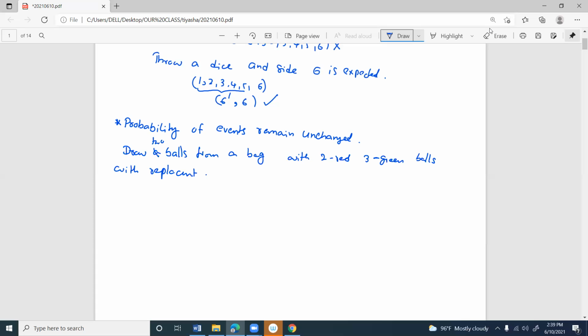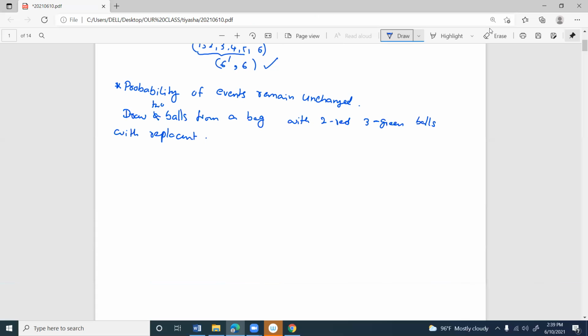Okay. If you do this with replacement, the first bag contains 2 red and 3 green. So you can obtain a red ball or a green ball. This is 2/5 and this is 3/5. Again, red and green.